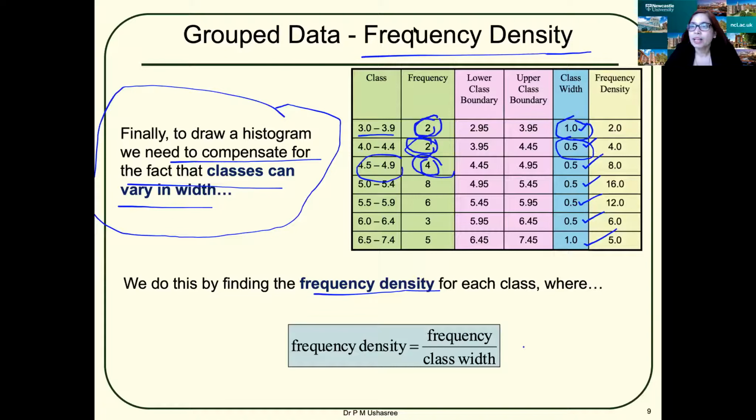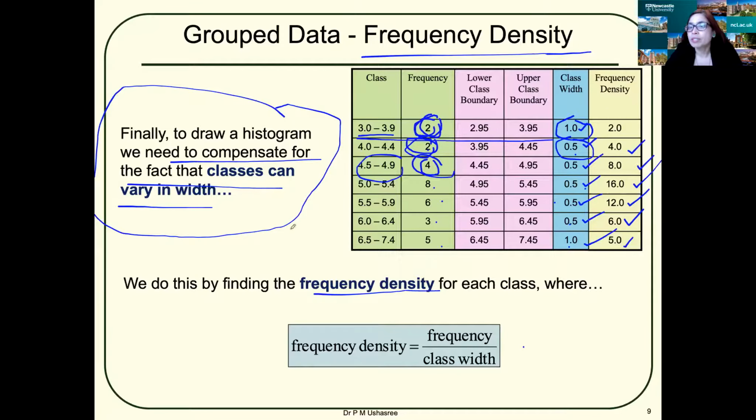So how do you calculate frequency density? For each class, the frequency, the number of data, divided by the class width is your frequency density. So 2 divided by 1 is 2, 2 divided by 0.5 is 4, 4 divided by 0.5 is 8, 8 divided by 0.5 is 16, 6 divided by 0.5 is 12, 3 divided by 0.5 is 6, and 5 divided by 1 is 5.